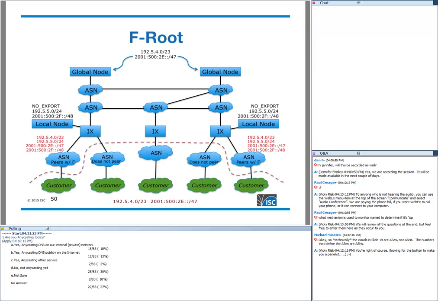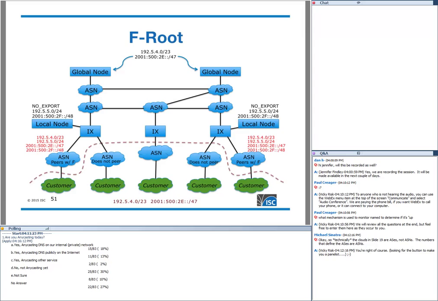What happens is those two autonomous systems at the left and right that peer with F-Root at the local node, in their routing table they see all four prefixes. They see the global and the local prefixes. But because the local prefixes are a /24 and /48, which are more specific, traffic will get routed to the local node.